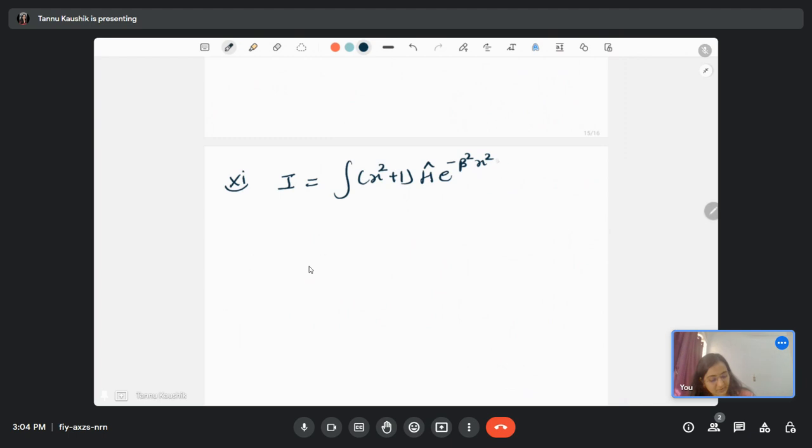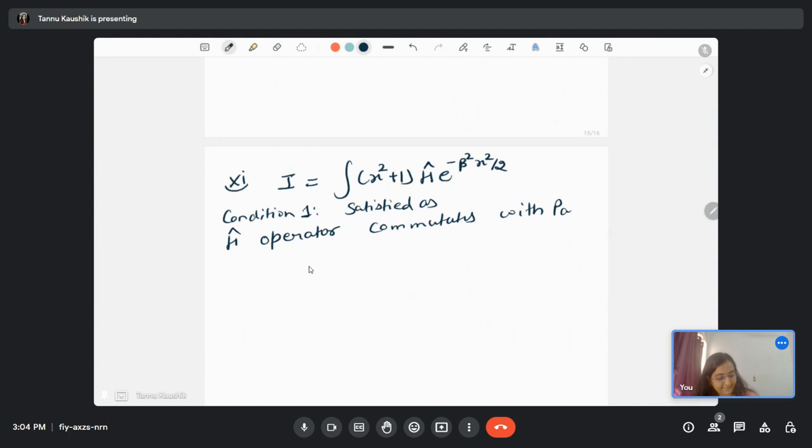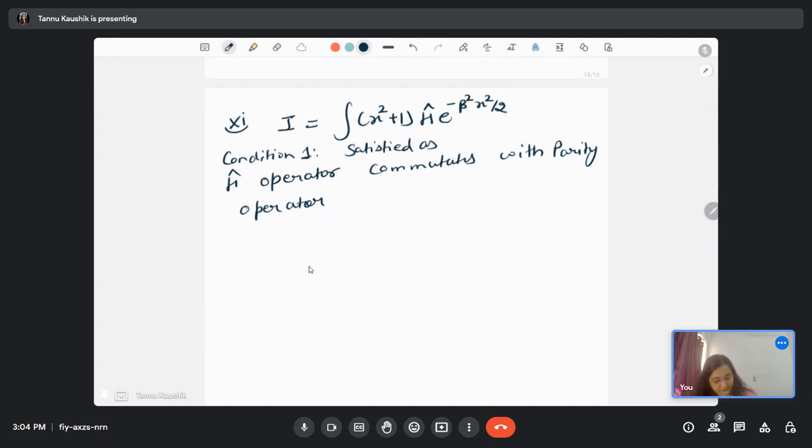Let us take I is equal to x square plus 1, Hamiltonian operator, e raised to minus beta square x square by 2. The Hamiltonian operator, we know, commutes with the parity operator. Condition 1 is satisfied.